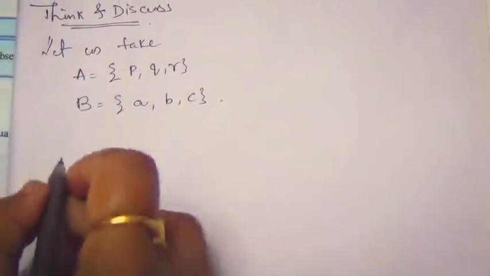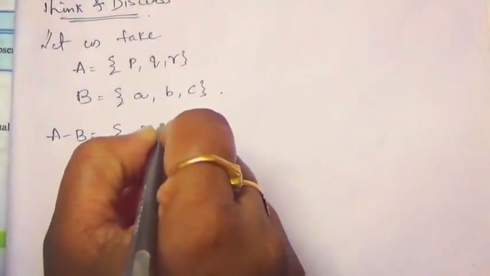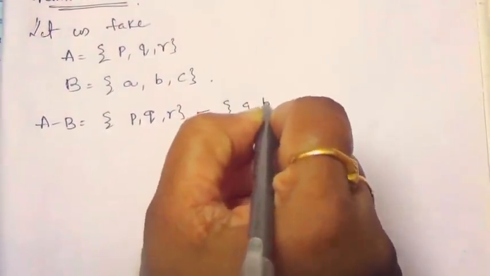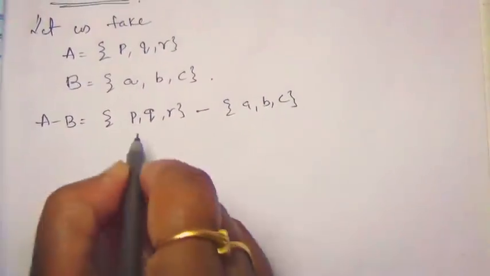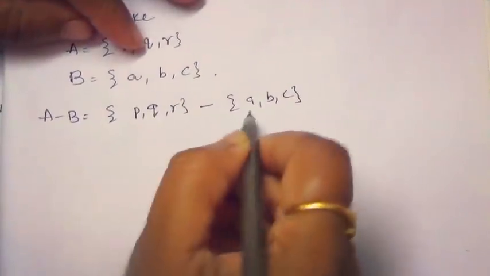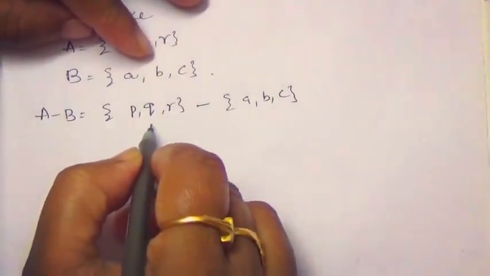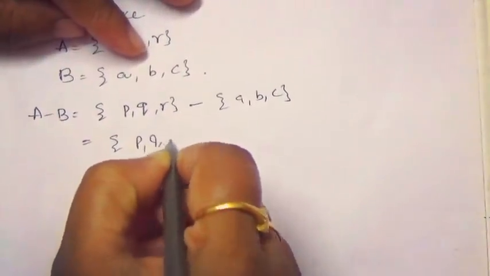So first of all we have to find A minus B. What is A? P, Q, R minus A, B, C. No elements are struck out from this first set. No need of striking, because there are no common elements in these sets. So hence we have to write all the elements of the first set and leave this one.